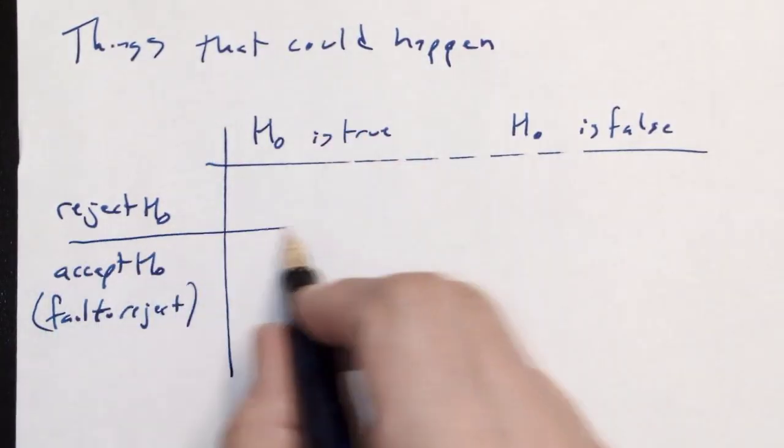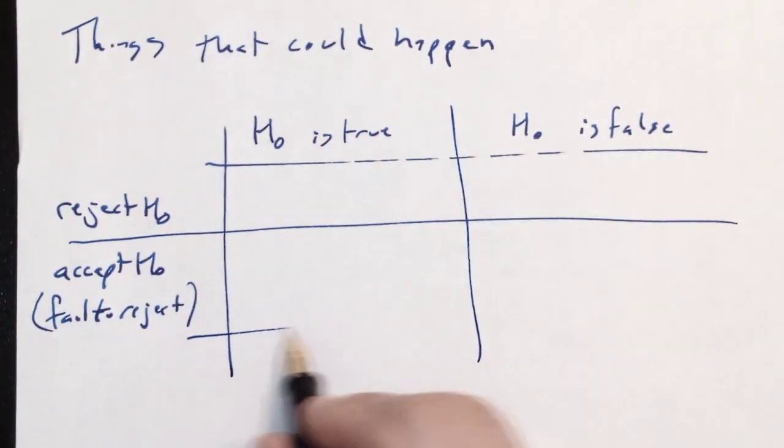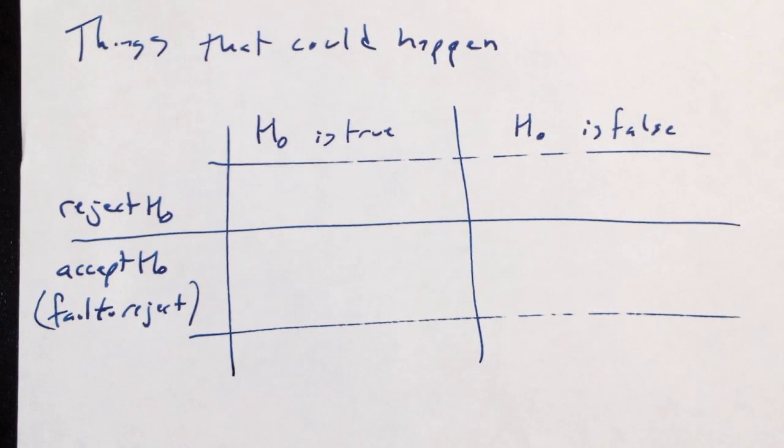which really, that looks like a familiar layout. Okay. Right here in this box, my null hypothesis was true and I didn't reject it. That's a good choice.